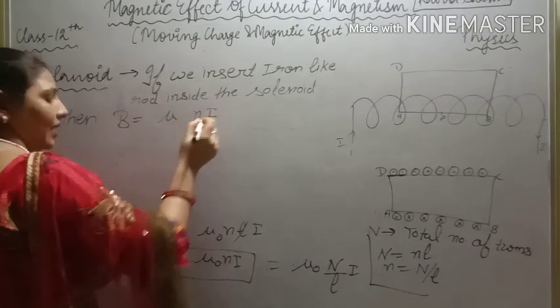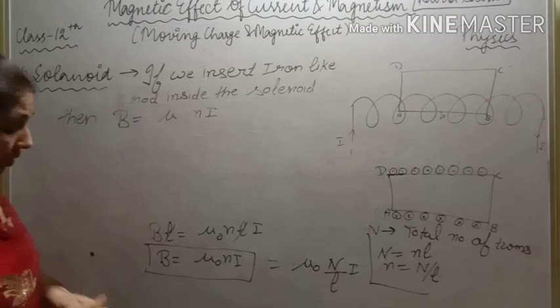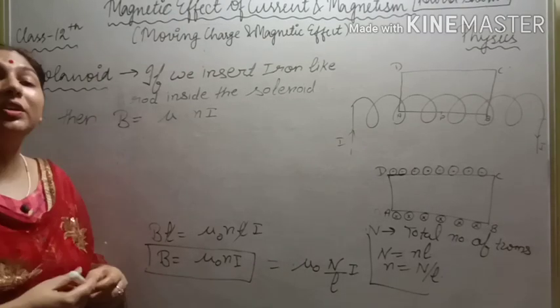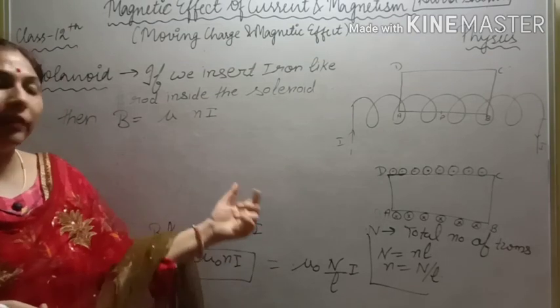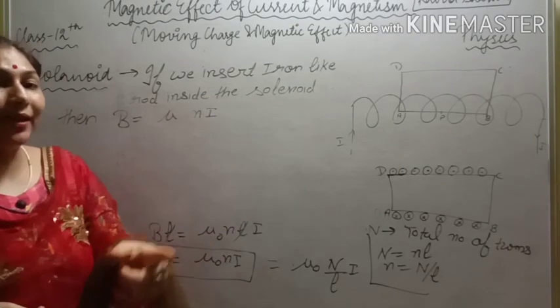ठीक है, यहाँ पर जो म्यू है वो म्यू नॉट से रिप्लेस हो जाए, क्योंकि आयरन की रोड अगर हम लेते हैं देन परमेबिलिटी जो है वो फ्री स्पेस की ना रह के मटेरियल की बन जाएगी.